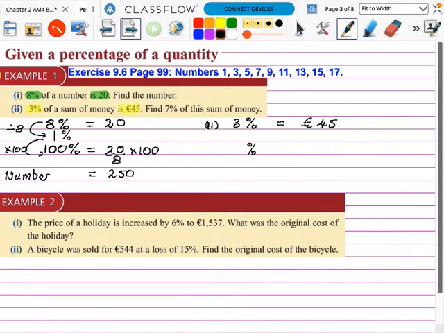So what is the number I write here at the end? Come on, pause the video and actually tell me what the number is. Read the question. And the number, if you read the question, is: find 7% of this number, which means find 7%.